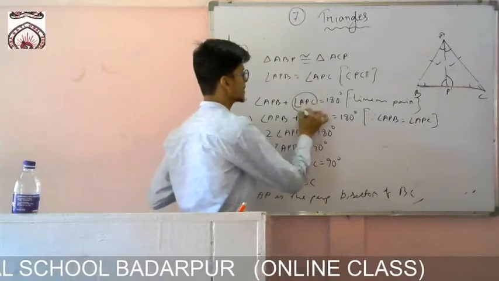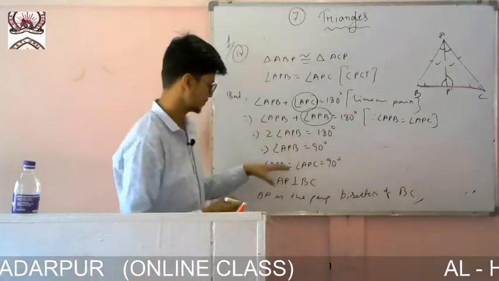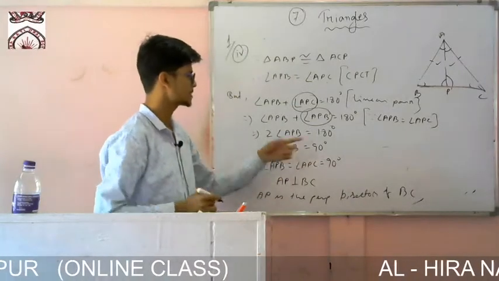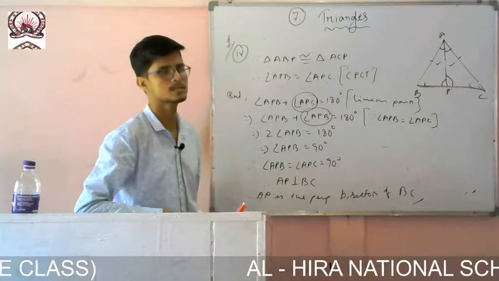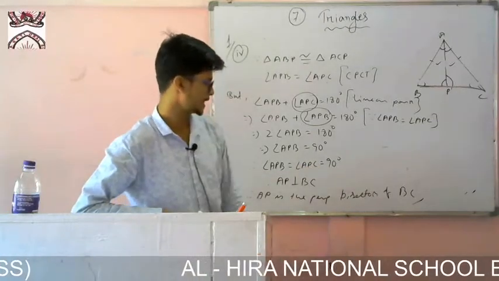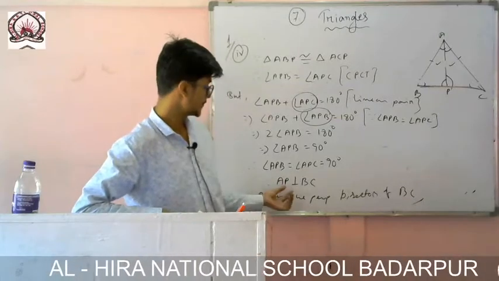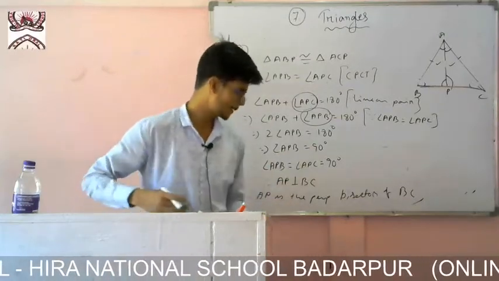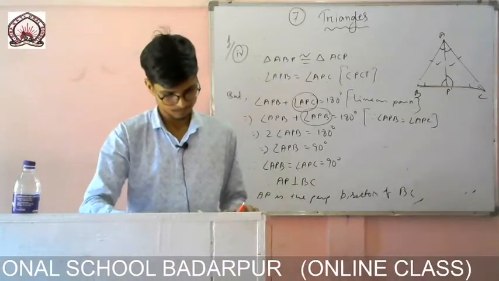So I replaced APC by APB because these two are equal. Then I got twice angle APB equals 180 degrees. Since these two are equal, this one equals that one equals 90 degrees. If both of them are 90 degrees, that means AP is perpendicular to BC, and that means AP is the perpendicular bisector of BC also. Both the angles are equal.